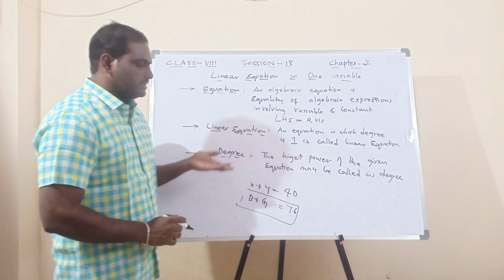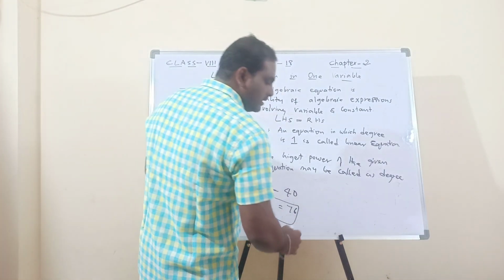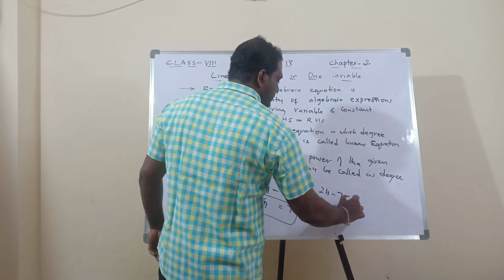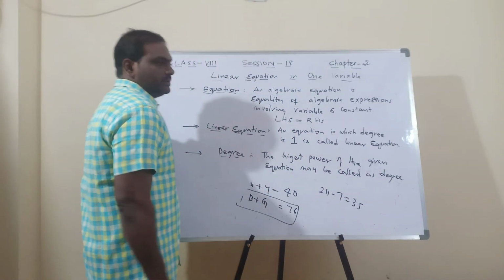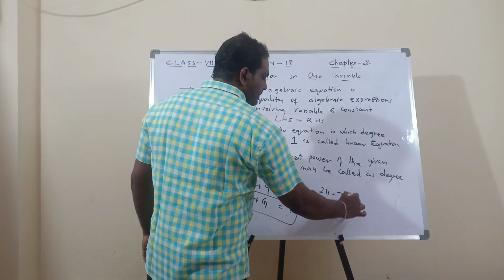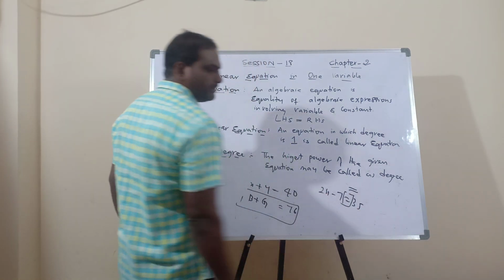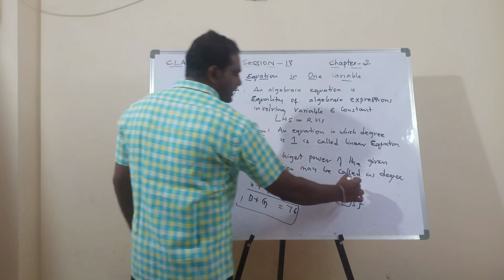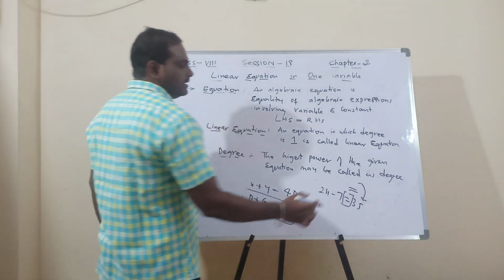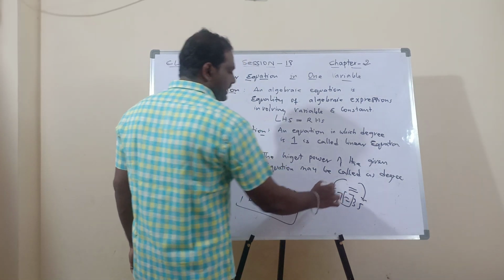Like this, we can go for one more example: 2x minus 7 is equal to 35. The basic point for an equation is that we have to represent the equal to sign, and there must be a quantity on the right hand side, which may be a variable or a constant, and one more quantity on the left hand side.